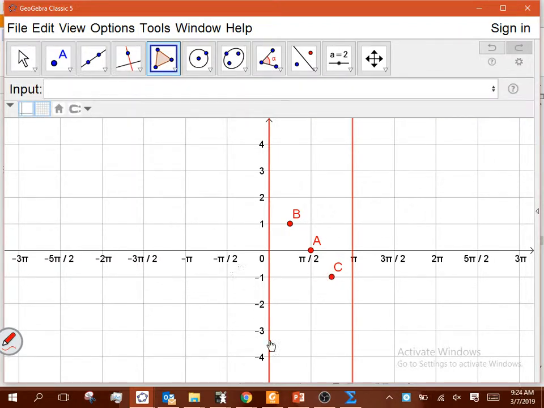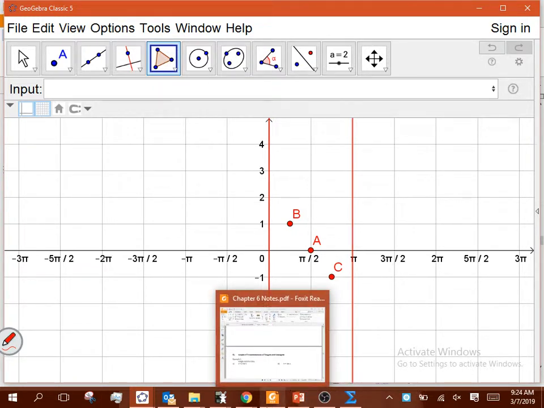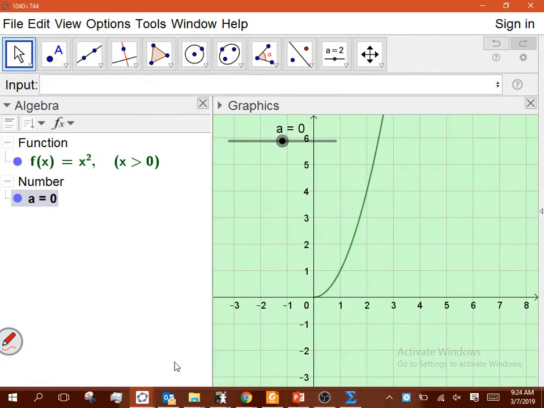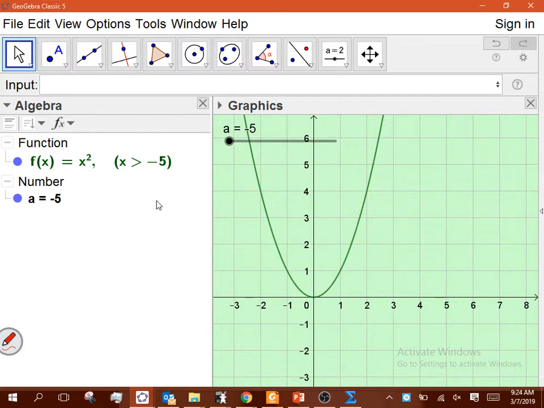I want to talk today a little bit about inverse functions. You guys remember, obviously, from college algebra that x squared and the square root of x are inverse to one another, right?